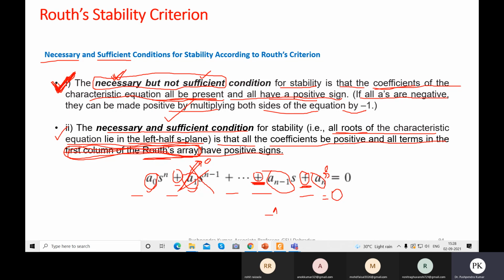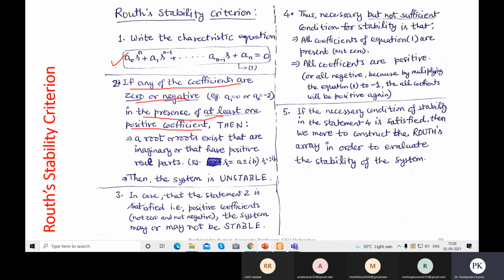That's why they said in the presence of at least one positive coefficient. All negative means all positive.